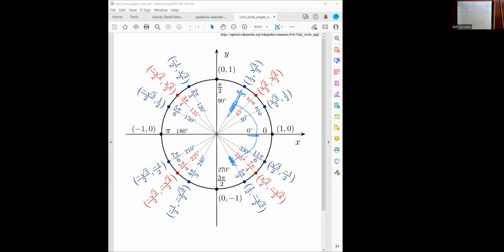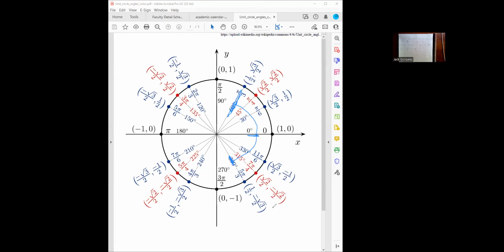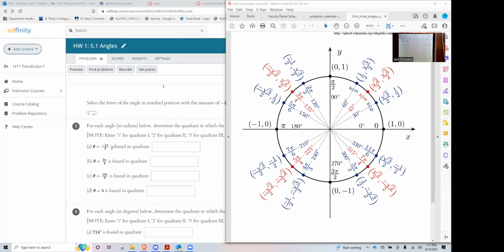As we can see, this is quadrant 4. So back to the homework. This one would be quadrant 4.